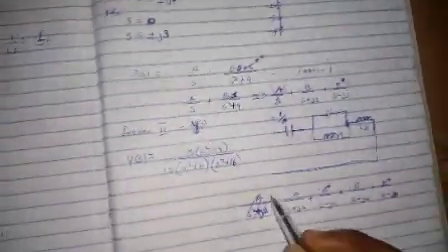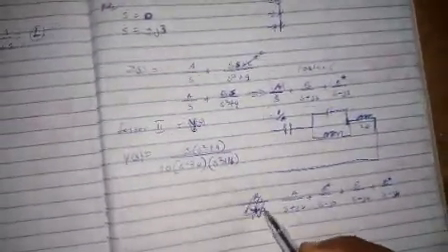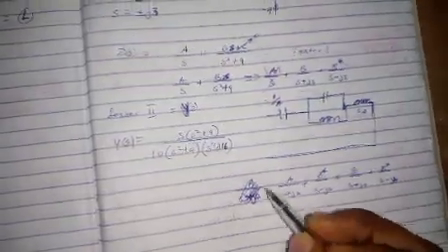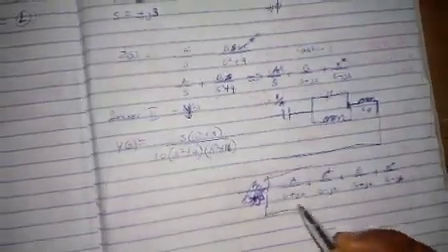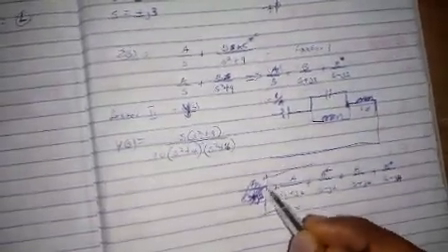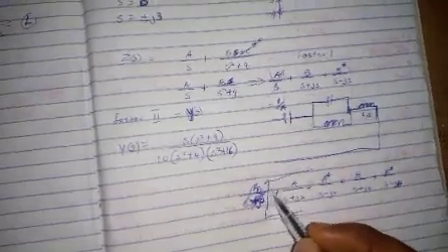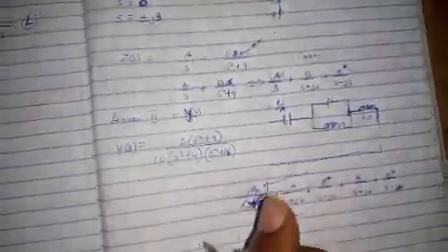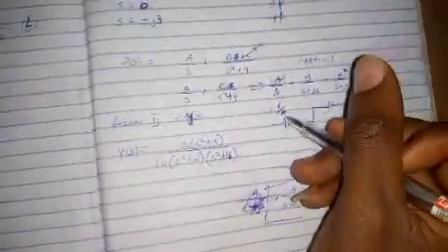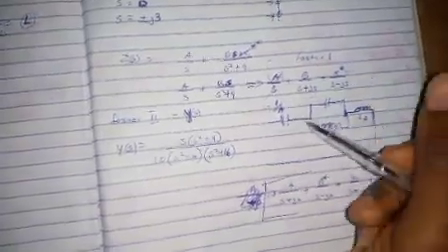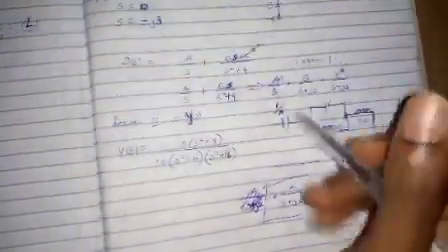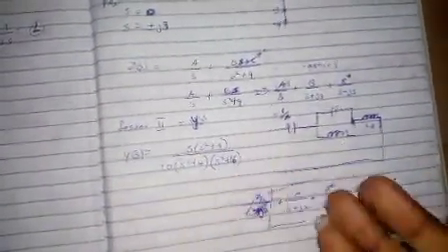So you can see you are not having an s term. This is not included, so don't be confused. You are not having anything here, which means there is no pole at 0.